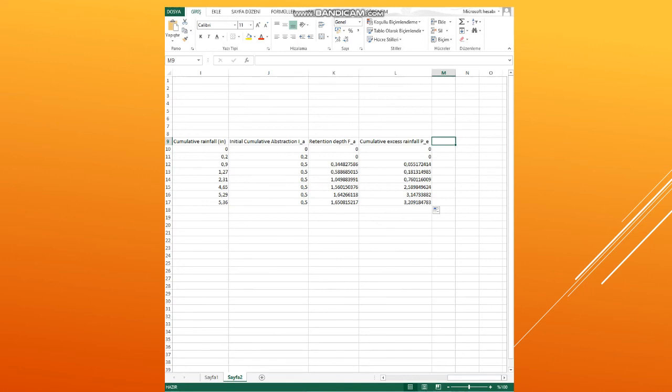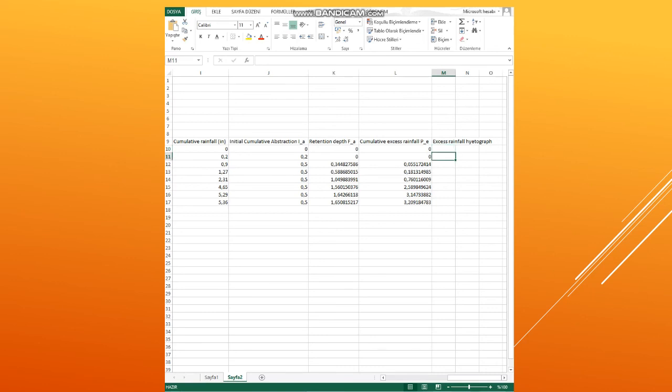This is our cumulative excess rainfall, and the question is asking to compute the cumulative obstructions and excess rainfall hydrograph. The last one, excess rainfall hydrograph. So we need to find the difference between these terms.